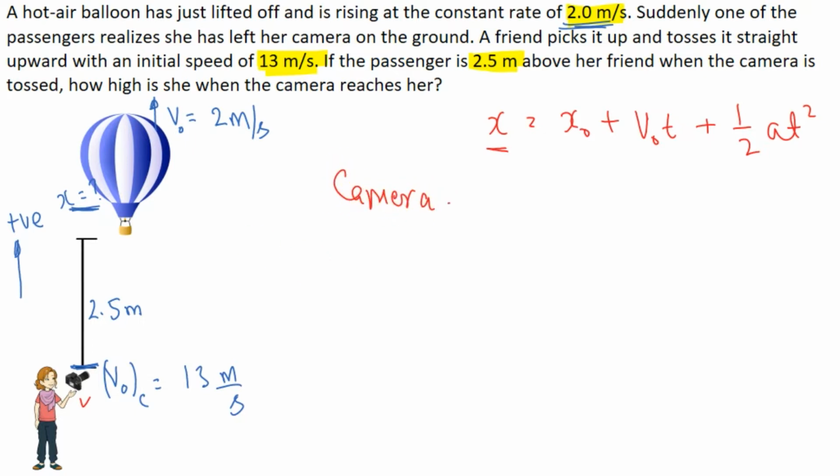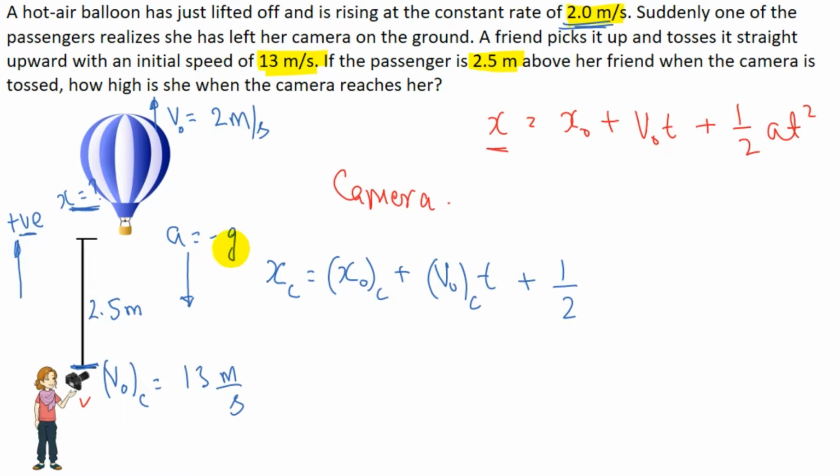The final position of the camera, let it be represented with xc, is equal to the initial position of the camera, x naught c, plus the initial velocity of the camera v naught c times t, plus 1 over 2 a t square. When the camera is tossed upward, it is in free fall, so acceleration is in the downward direction, and since we have taken upward to be positive, a is equal to minus g. So I'm writing minus 1 over 2 g t square.